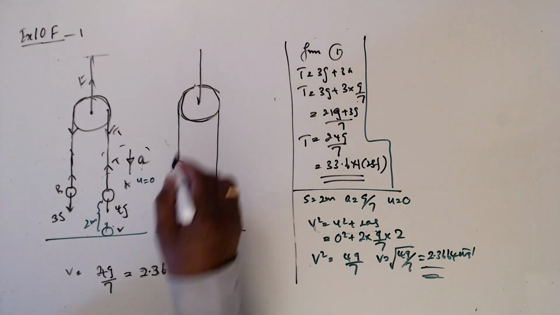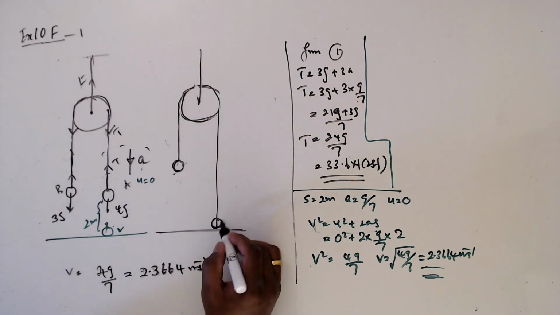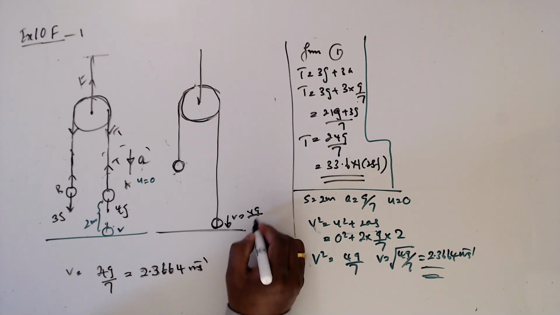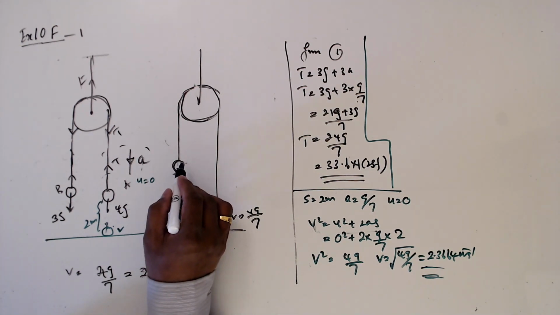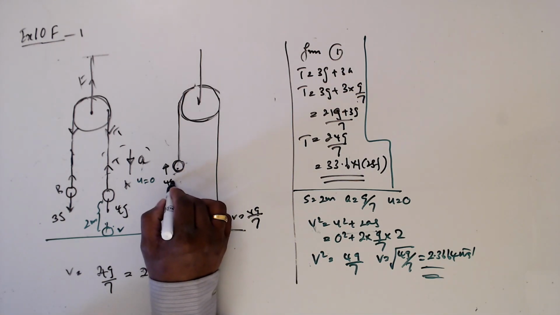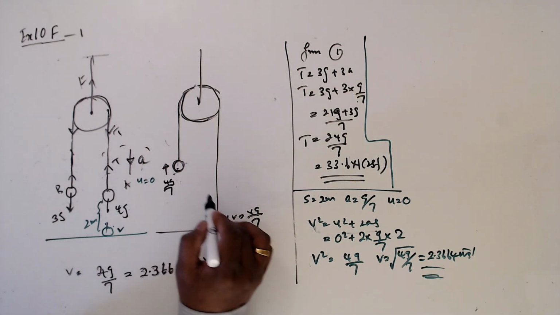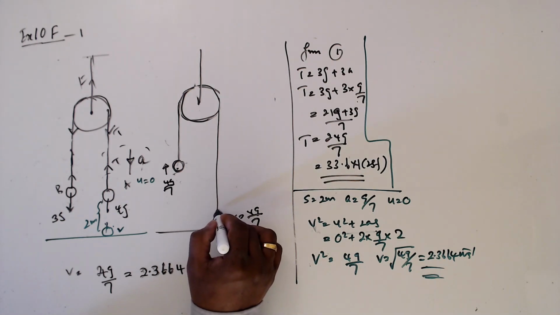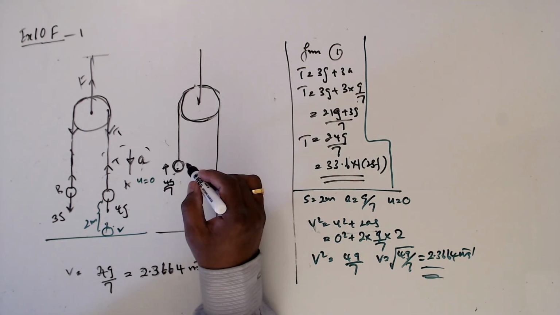Now this is the time that particle A comes and hits the floor. When it is hitting the floor, we know that v squared is 4g over 7. At the same time, particle B has the same speed upward. At the time it hits, the tension is no more there because the tension becomes 0.